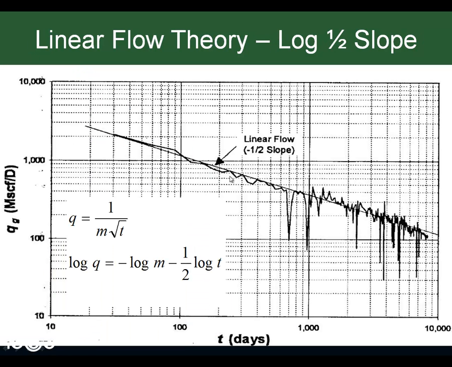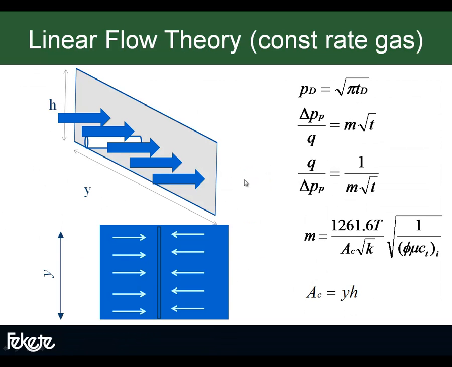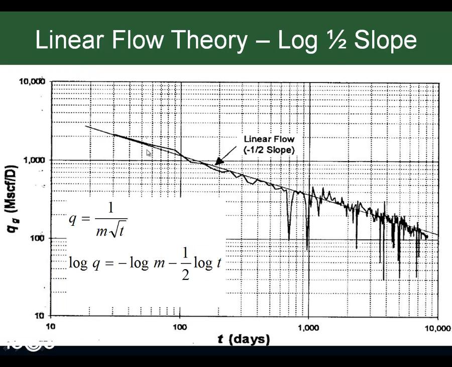The other thing that's of interest is if we do a logarithmic plot, or log rate versus log time, we'll see that a half slope appears when we have linear flow. If we go back and look at this again, that comes directly out of this equation. And Wattenberger showed this. This is an example from a paper that Wattenberger and his colleagues did quite a few years ago from a vertical, tight fractured gas well.